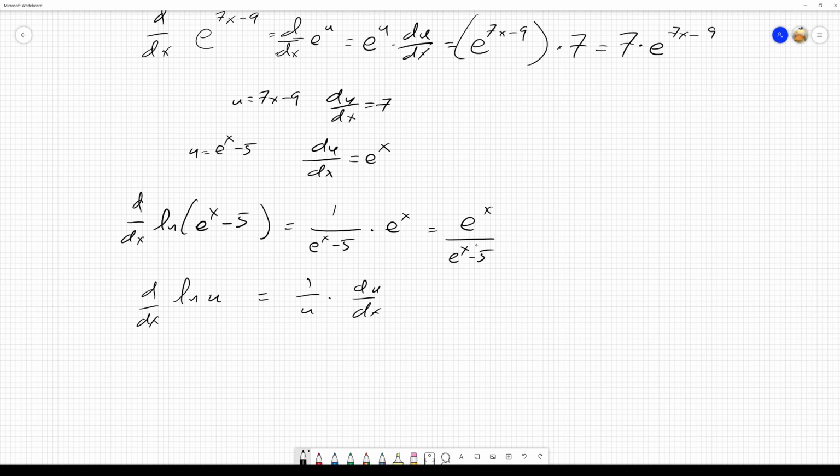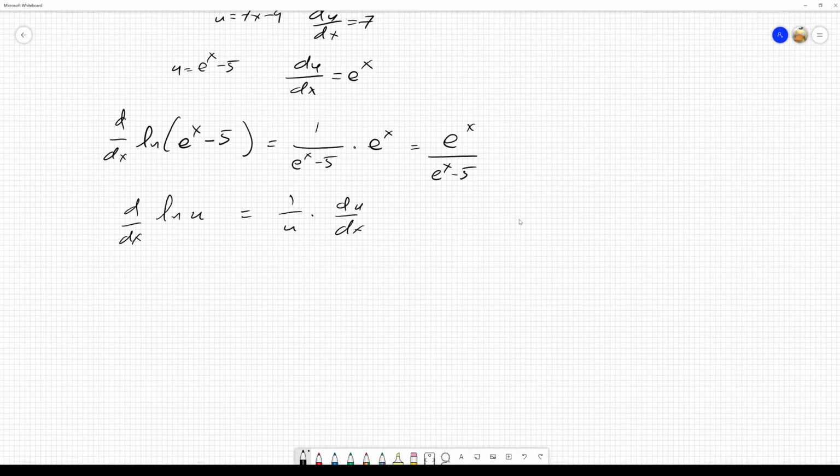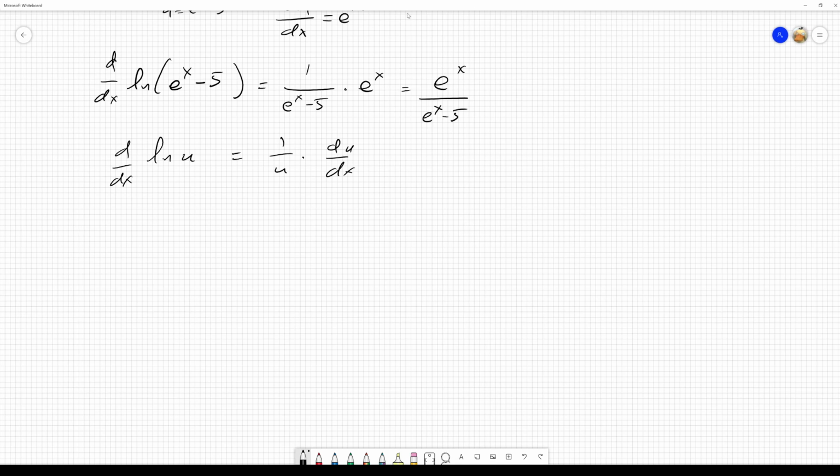So the only way this can become worse is if the expression is more complicated. What if I ask you to do e to the square root of x minus 5? Alright?